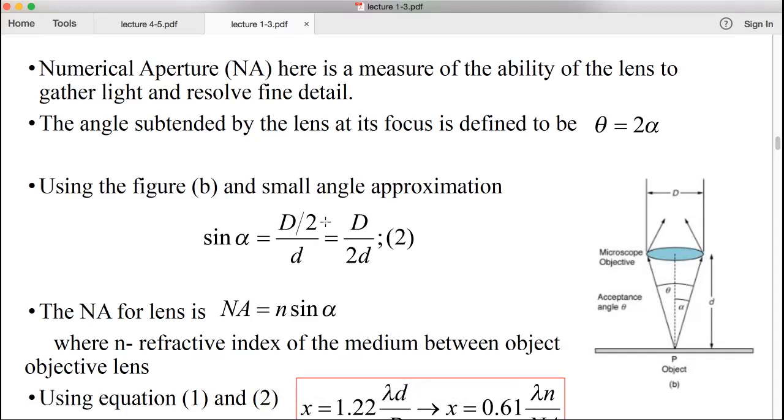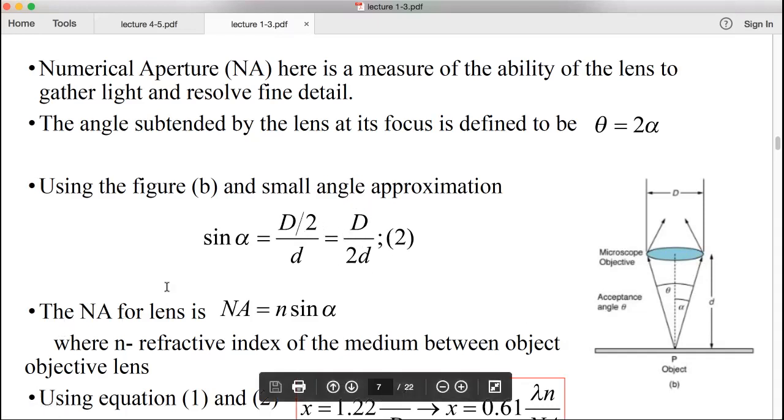That is using the small angle approximation, because if we use this small d and capital D over 2, it's going to be tan alpha, and in the small angle approximation, tan alpha and sine alpha are going to be equal to alpha. So we can come up with this equation.